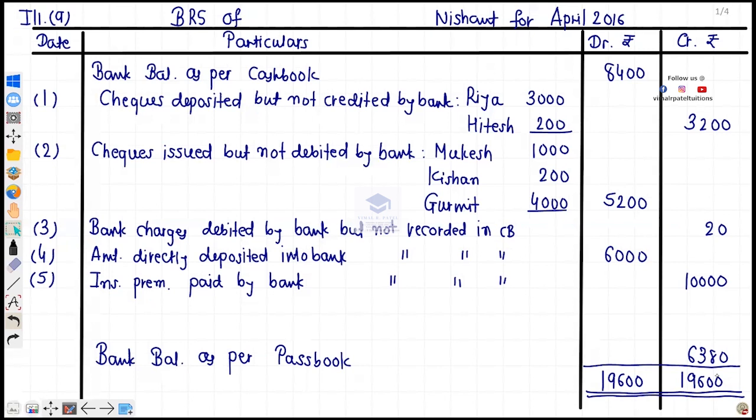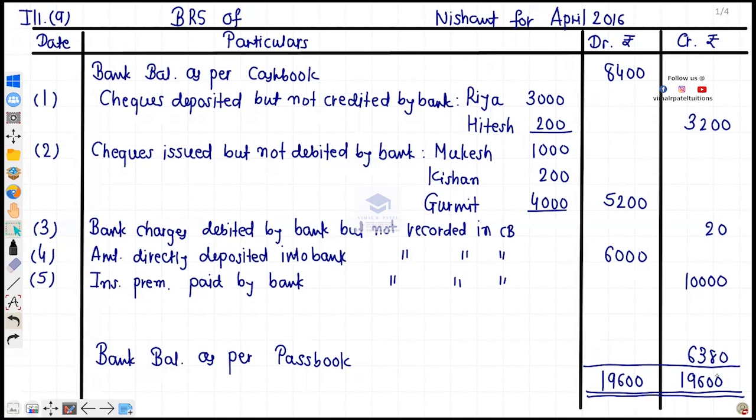So whenever the extract of cash book and passbook is given, first you have to check whether the opening balance as per cash book and passbook is same. When it is not same, what is to be done? That I am covering in next sum. But when it is same, next step is you have to start the sum with the closing balance of cash book, balance as per cash book, and closing balance as per passbook is your answer. Then rule out the common transaction.